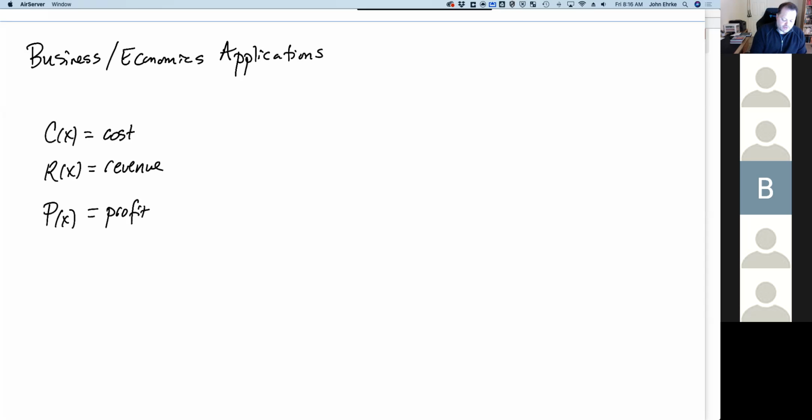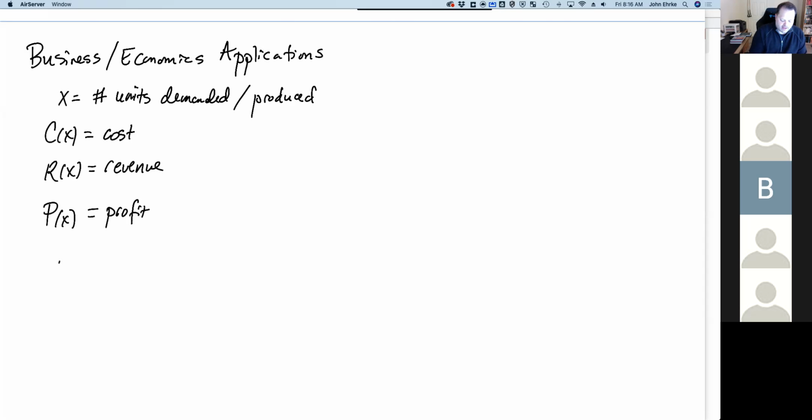Additionally, suppose that X is equal to the number of units demanded. Or you could think of it as units produced, depending on the context.